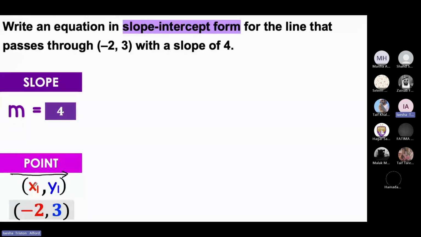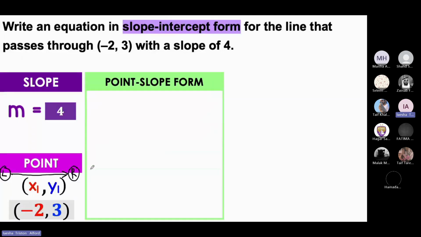So the first number should be x1 and the second number should be y1. We're going from left to right when we read, same as you do in English class. So be careful with that. I had a lot of people switch it in the midterm exam.